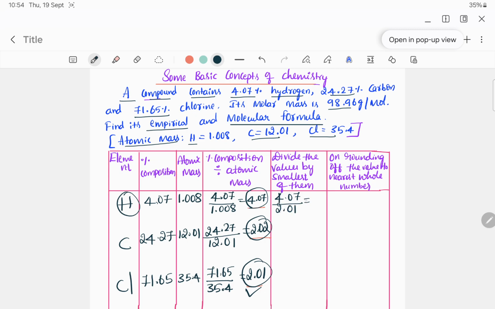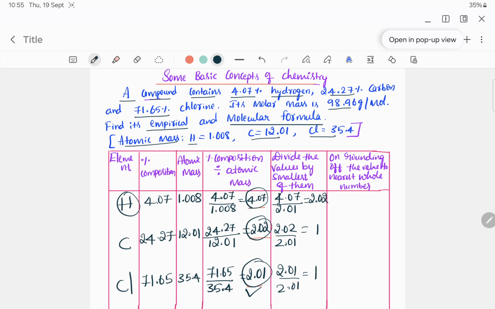See what answer you will get: 4.07 divided by 2.01 is 2.02. Next, 2.02 divided by 2.01, you will get approximately 1. And for this one also, 2.01 divided by the lowest number 2.01, here also you will get 1.